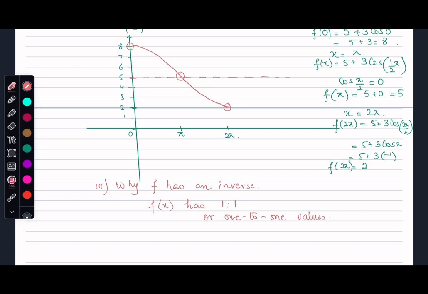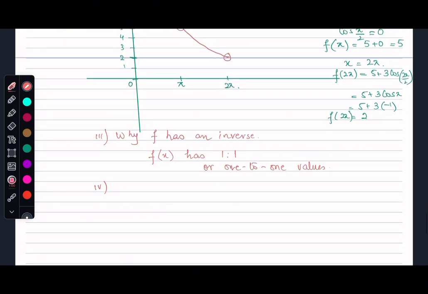And the last part of the question says obtain an expression for f inverse x. We have to get our f inverse x. So we know that our f of x was equal to 5 plus 3 cos of 1 by 2x.